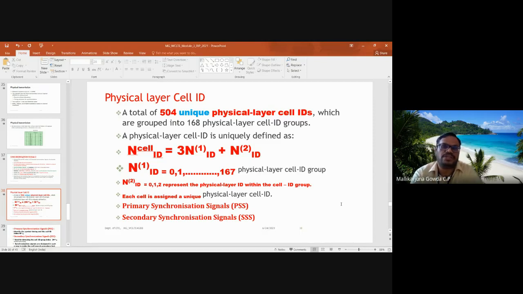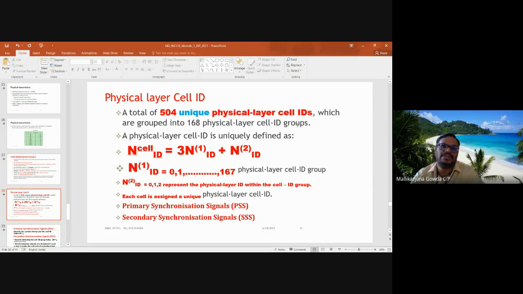And those 504 unique physical layer cell IDs are grouped into 168 physical layer cell ID groups.